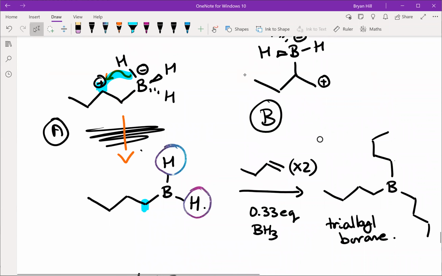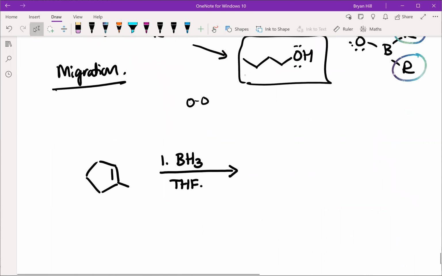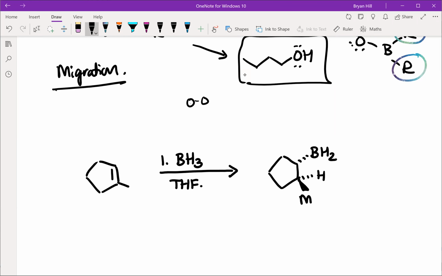There's some really strong evidence that this is a concerted reaction, in the sense that if you do this reaction on a cyclic system like I've drawn, and you isolate the boron intermediate, the BH2 and the H are on the same side. So the BH2 and the H are on the same side when they're added across this double bond.